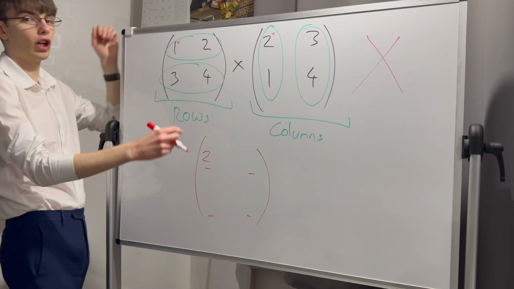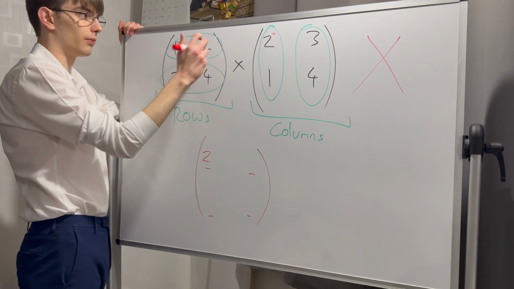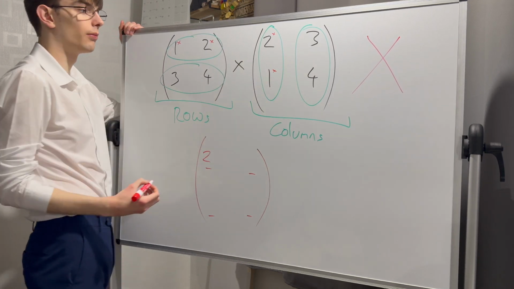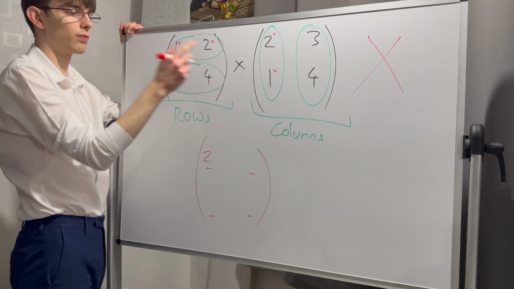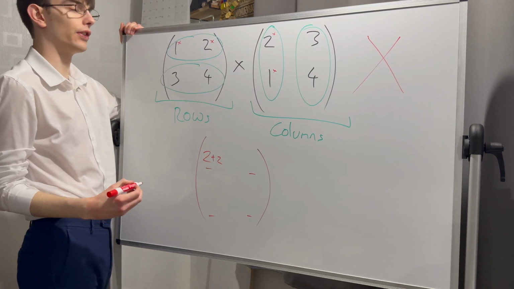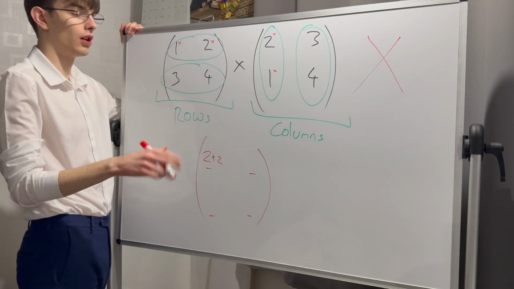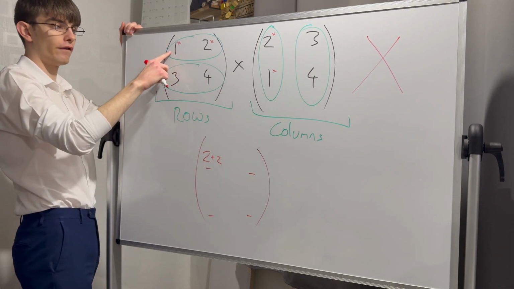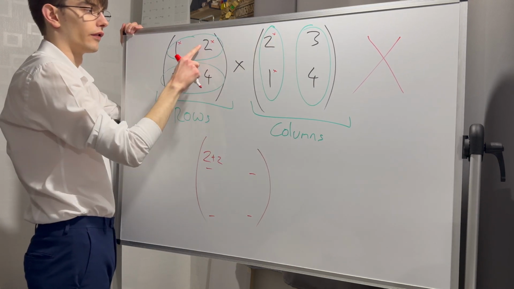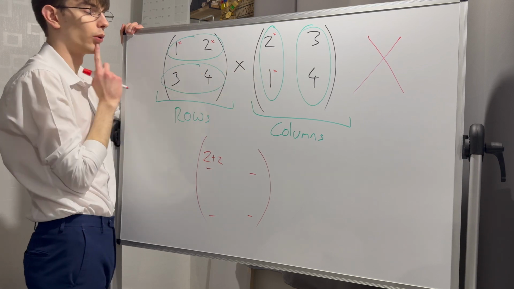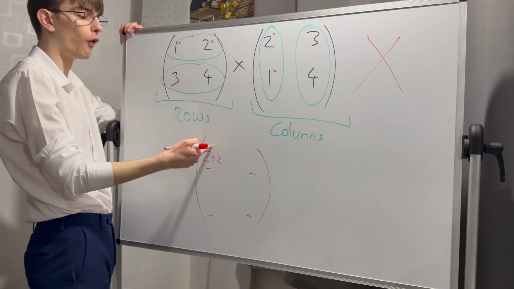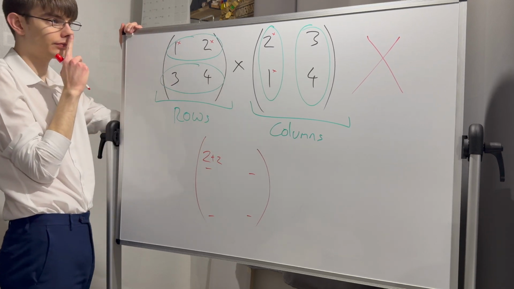Because then I'm going to take my second number in this row and my second number in this column and multiply those 2 together. And then I'm going to add them. So I find the first in the row and first in the column and multiply them, the second in the second and multiply them, and add the answers, and I will get 2 plus 2. I will get a 4 in this spot.